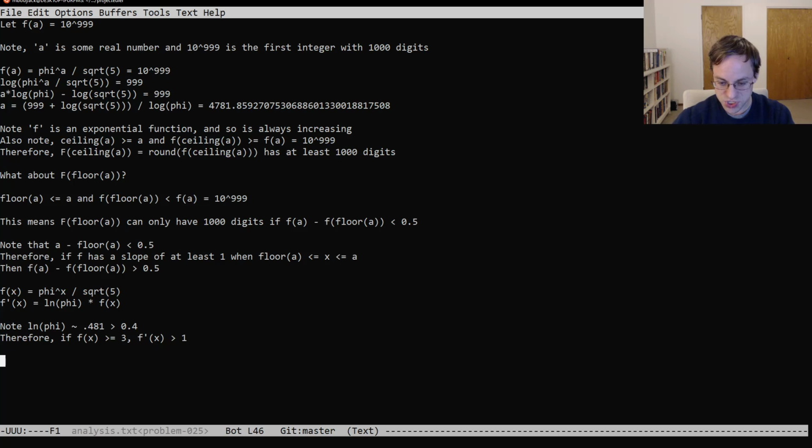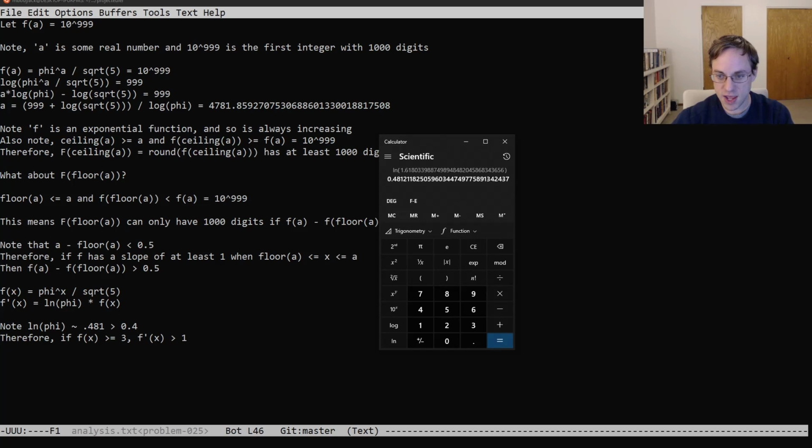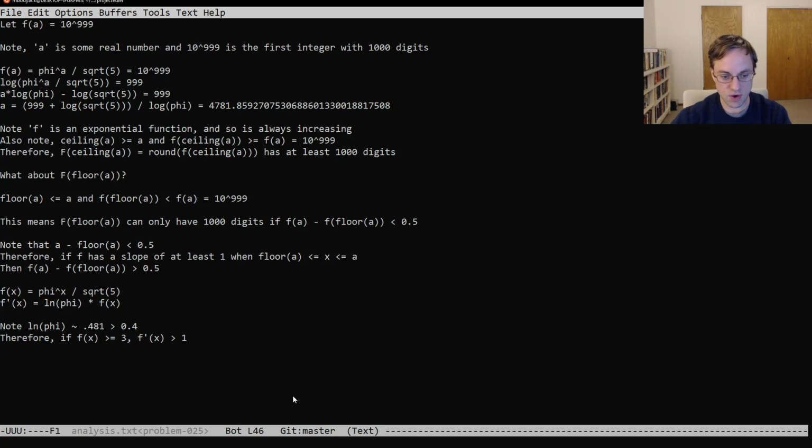So we'll just note that, for example, if we punch in the value 4, then phi to the 4th power divided by square root of 5 is going to give us 3.06. And so note that f of 4 is greater than 3. Also, both f and f prime are increasing.